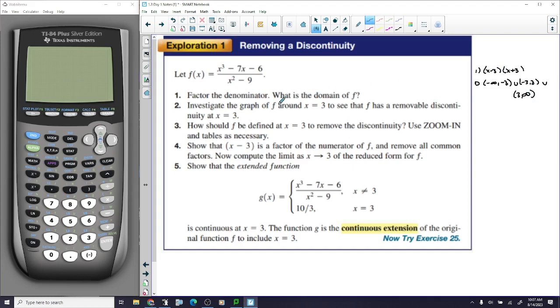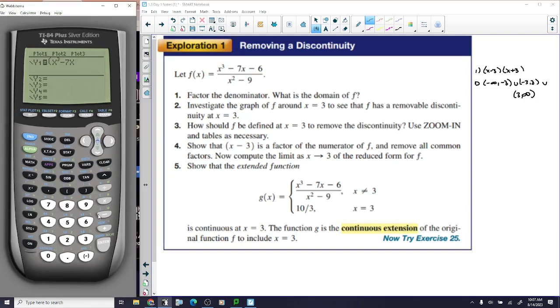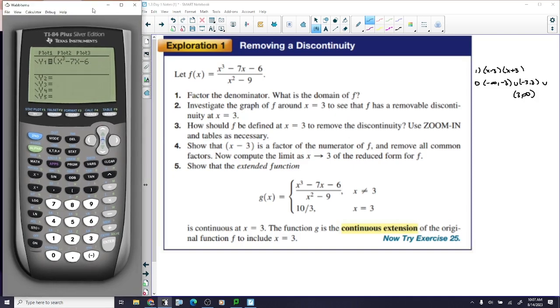Investigate the graph of f around x equals 3 to see if f has a removable discontinuity at x equals 3. So investigate the graph. Well, let's use our calculator here. So x to the third minus 7x minus 6.